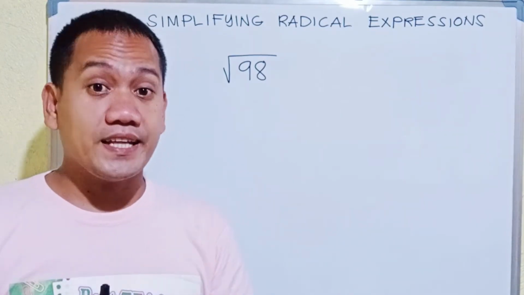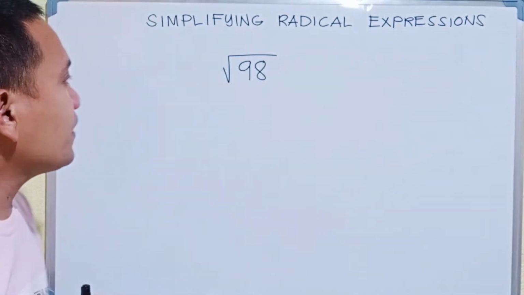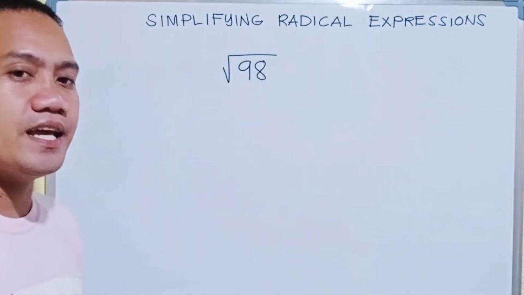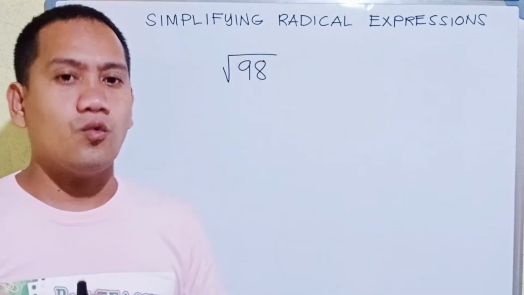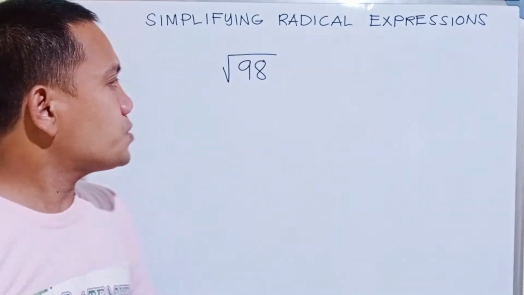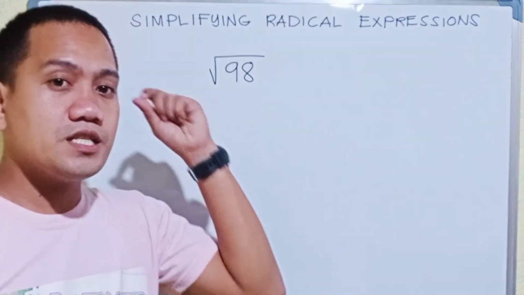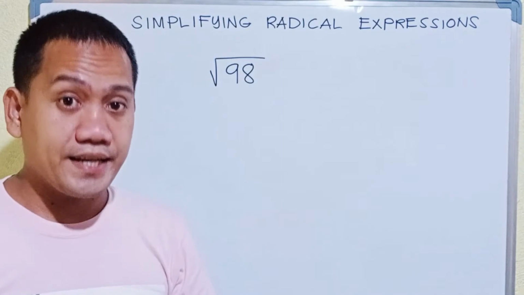From this given radical expression, we can identify that our index is 2 and our radicand is 98 with an exponent of 1. At first glance, you can say that this expression is already simplified since the exponent is less than our index.